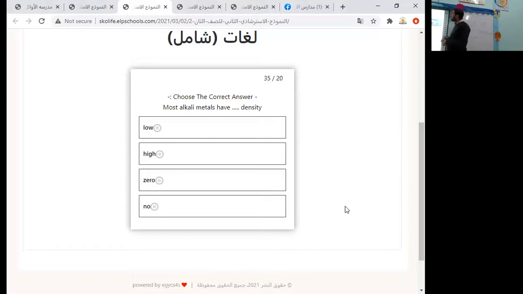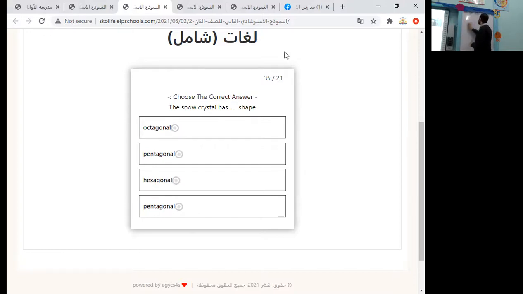Next, most alkali metals have low density. Most alkali metals can float on the water surface, so they have low density except cesium, which sinks in water. Okay, the snow crystal has a hexagonal shape.